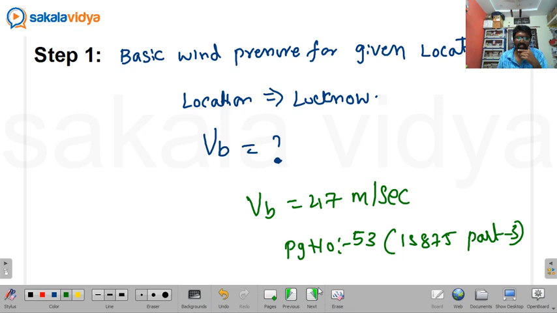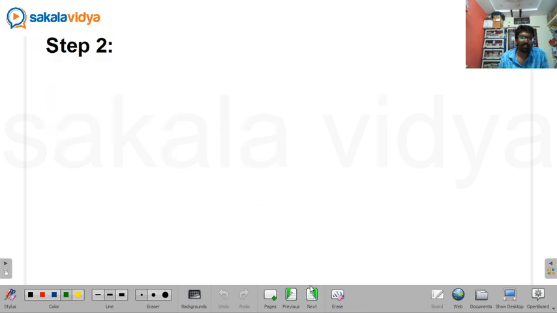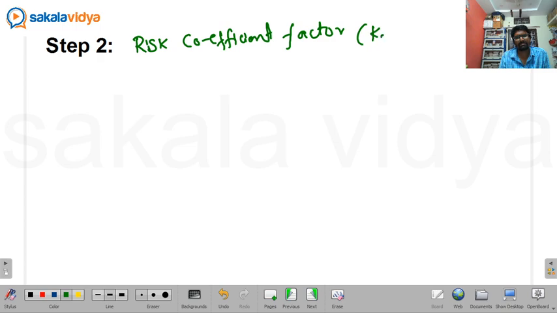What is our second step? We have to calculate the risk coefficient factor K1.